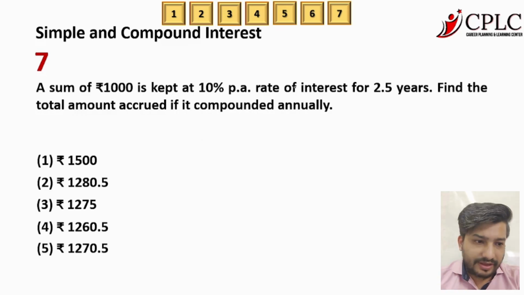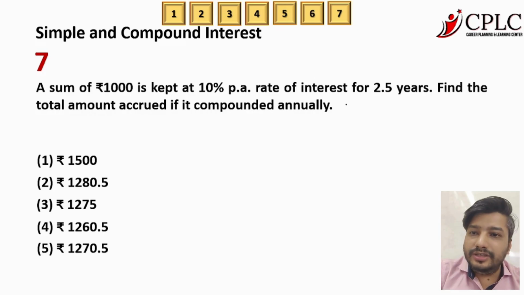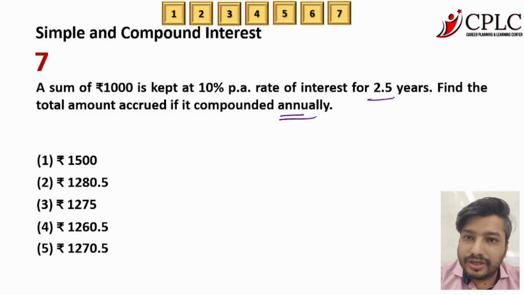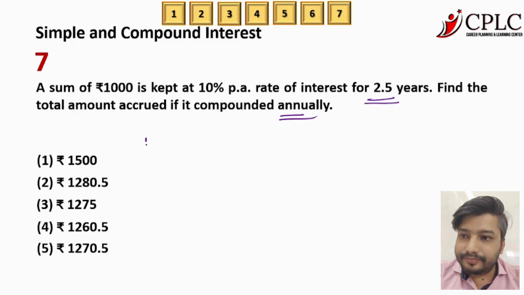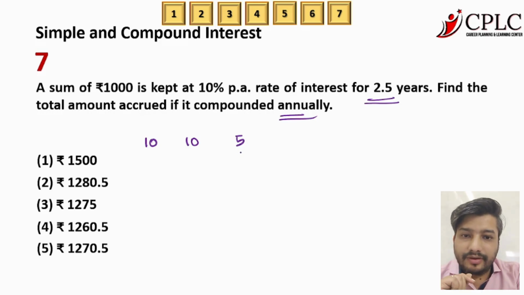So very straightforward idea. Because it is annual compounding but the duration is only 2.5 years, you can do 10% for 2 iterations, and for the remaining 6 months the rate of interest will also go down, it will become half. So instead of 10 it will become 5%.